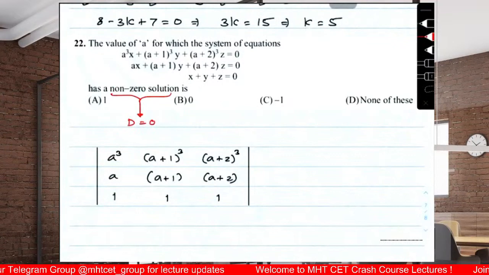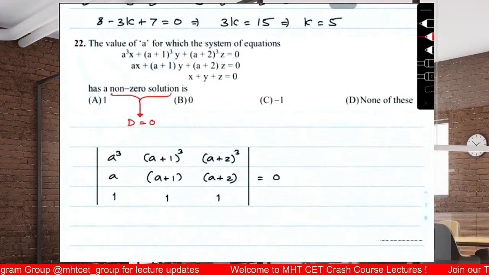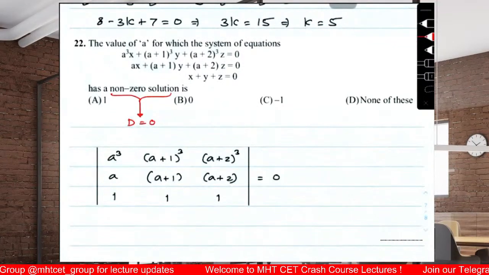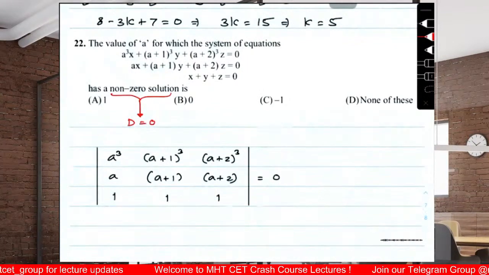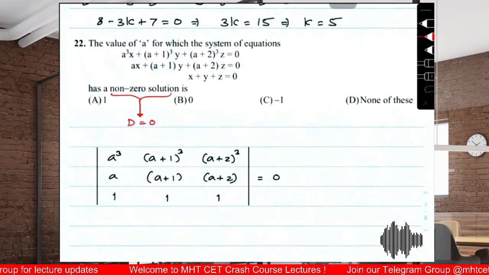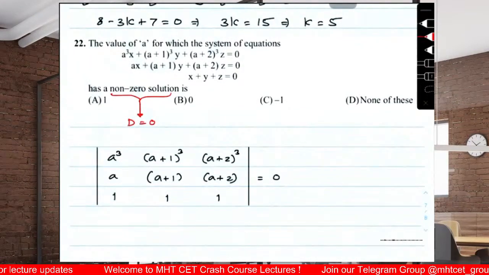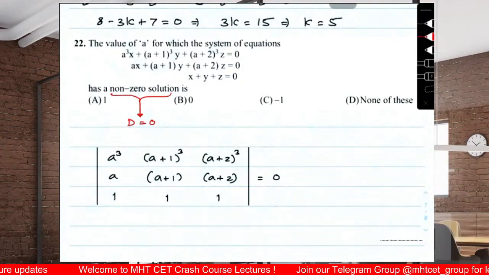Determinant is 0. इसको solve करने जाओगे तो it is dangerous, ठीक है? But common sense use करो थोड़ा.